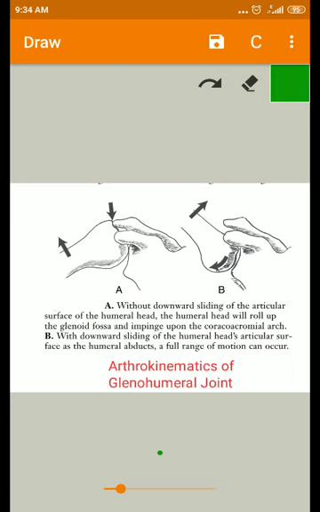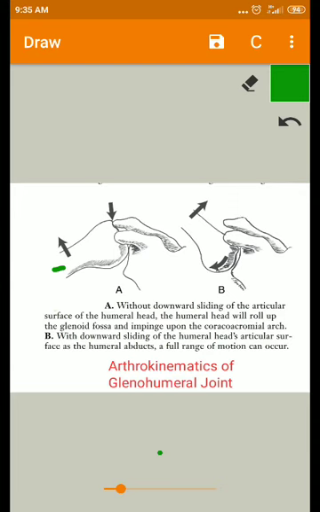For example, abduction of the humerus would cause some superior rolling of the humeral head on the flattened fossa, and then this large humeral head would soon run out of glenoid surface.